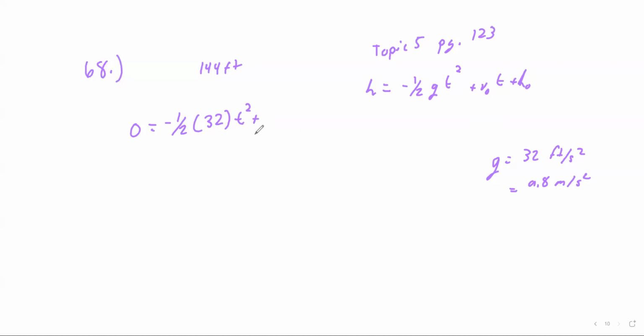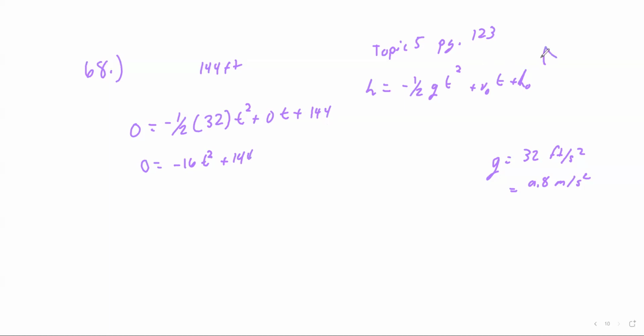It doesn't have an initial velocity, so that tells me the initial velocity would just be 0. It's just falling due to gravity. So v0 would be 0 times t plus the initial height, which was 144. When we clean this up, -1/2 of 32 is -16 t squared plus 144.